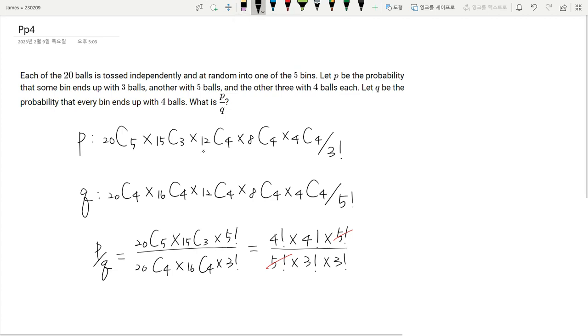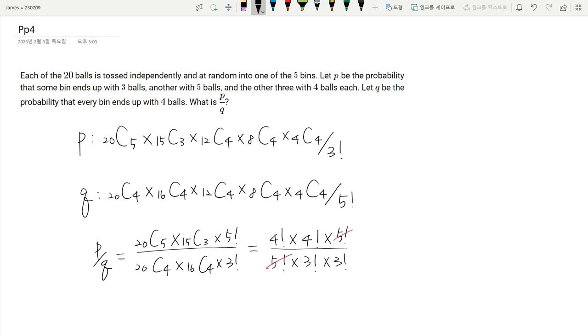So here, in the case of P, there are bins containing 3 balls and 5 balls, and the other 3 bins are with 4 balls. And in the case of Q, all the bins have 4 balls.